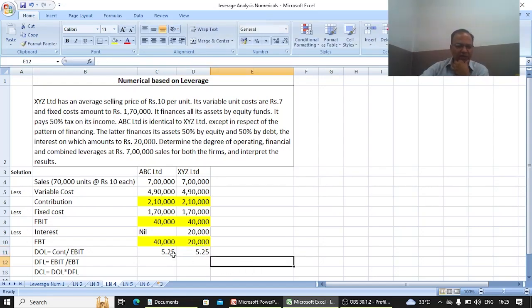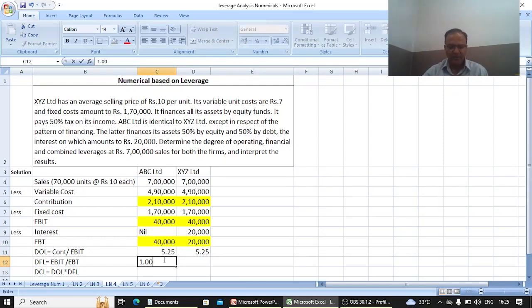Now degree of financial leverage: 40 by 40 will be 1, and here 40 by 20 it will be 2. Combined leverage will be 5.25 here and 10.5 here.